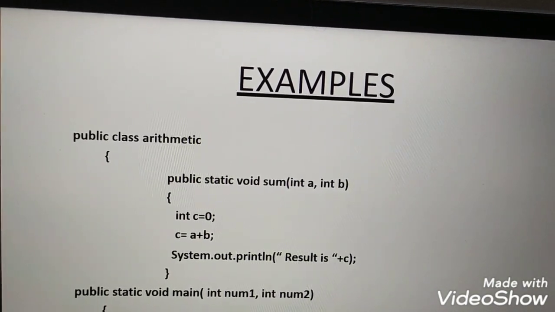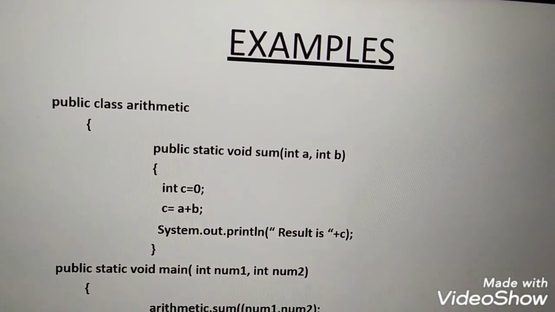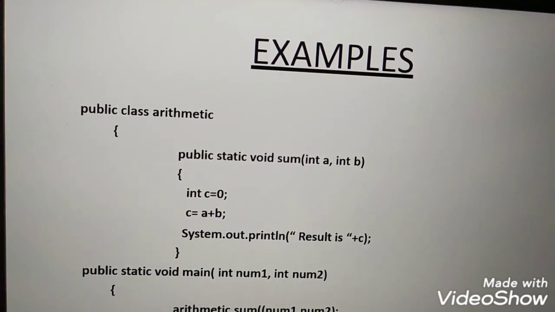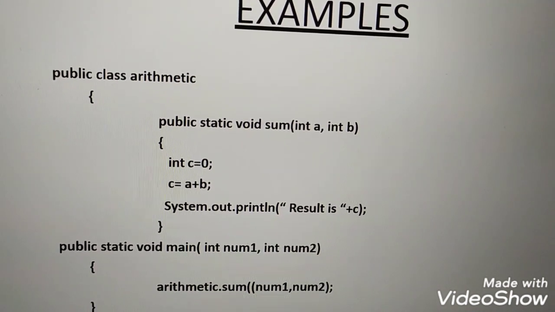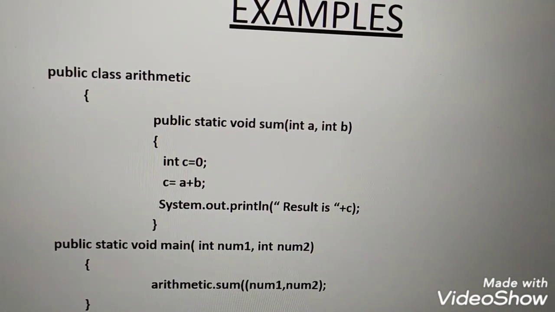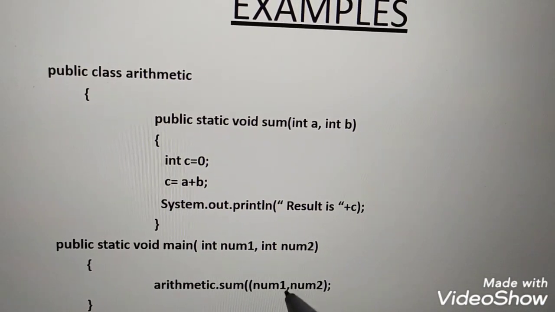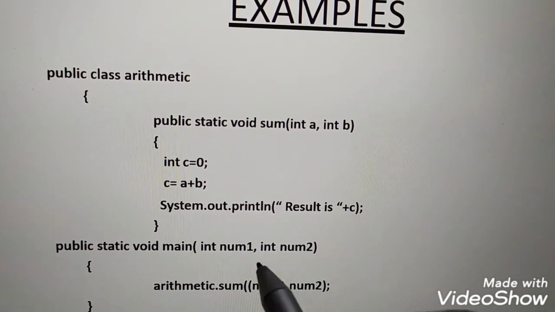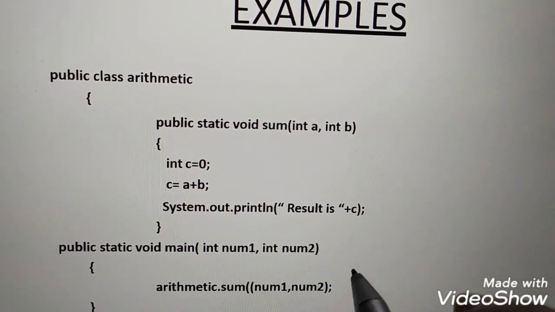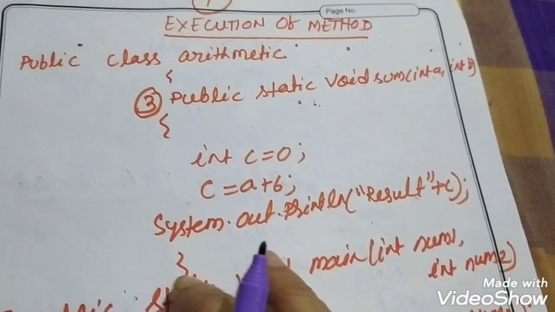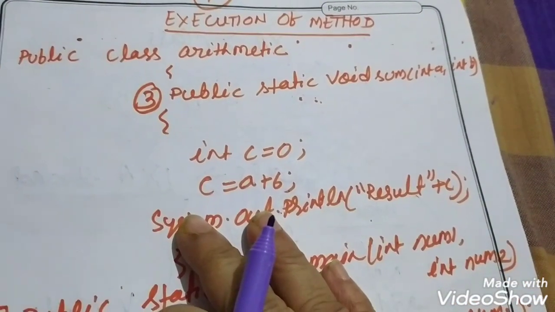Now look here, it is written as a function: public class Arithmetic, public static void sum int a, int b, then the whole procedure is written here, then public static void main, int norm1, int norm2, Arithmetic.sum with norm1 and norm2. You will be more clear in this example.